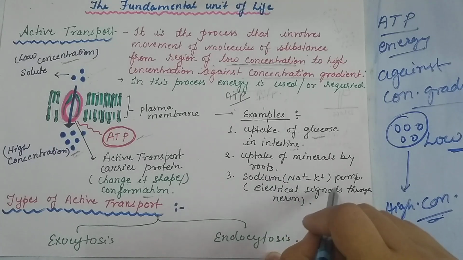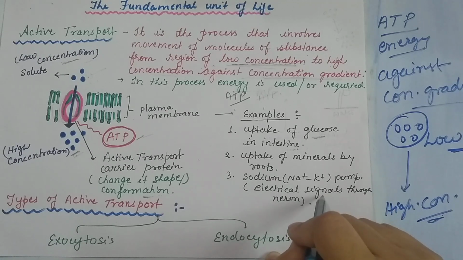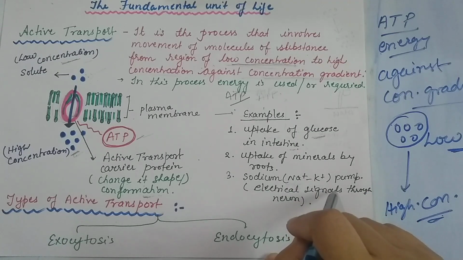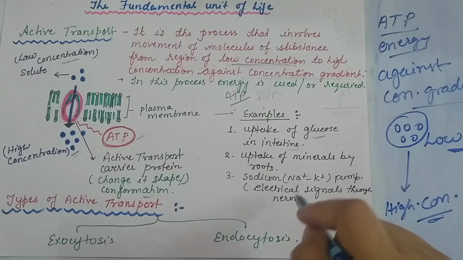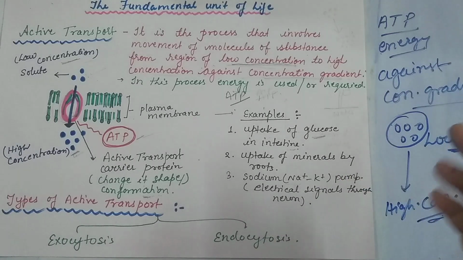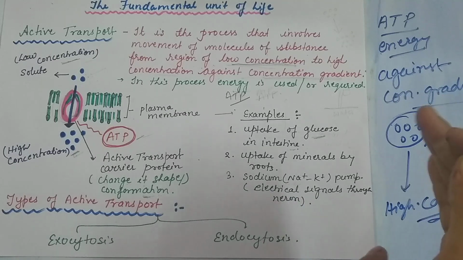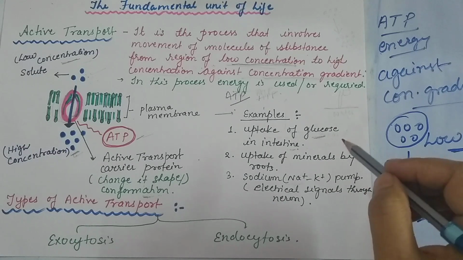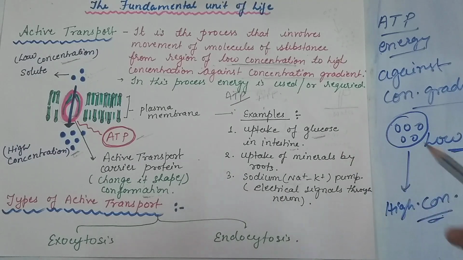And the sodium potassium pump, about which in higher classes you will study the electrical signals through the neuron, is also active transport. It is against the concentration gradient, and all these examples need energy for the transportation of the substance.